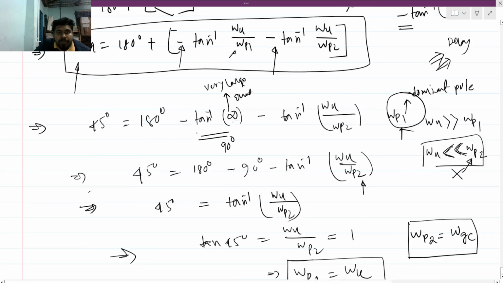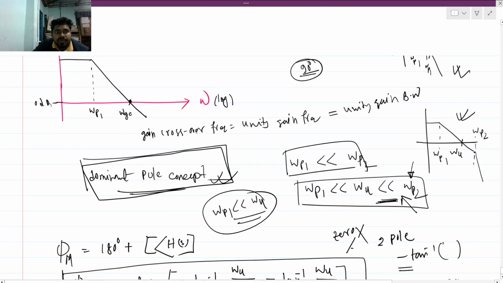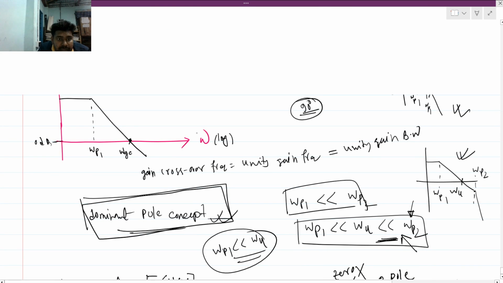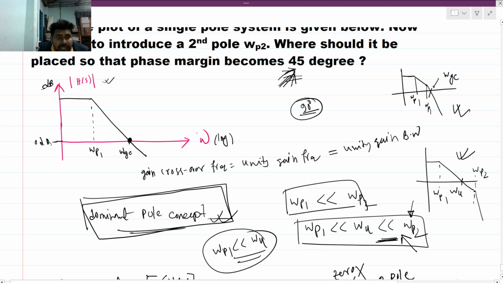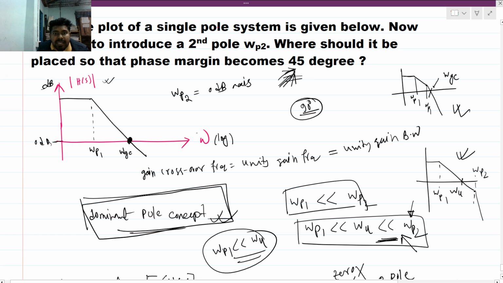So the picture will look like this: we are introducing the pole at this node. This is a very important question, as we can directly find that if the second pole is located at the 0 dB axis, then we have a phase margin of 45 degrees.